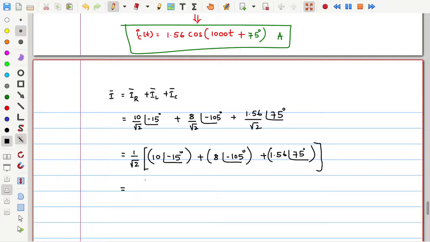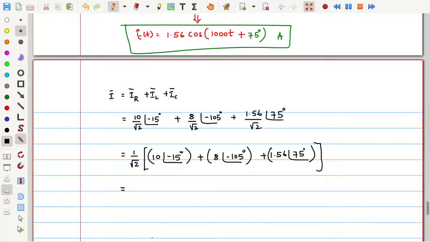So let me take 10 at an angle minus 15, but keep your calculator in degree mode, otherwise you will get it wrong. Plus 8 at an angle minus 105, plus 1.56 at an angle 75.